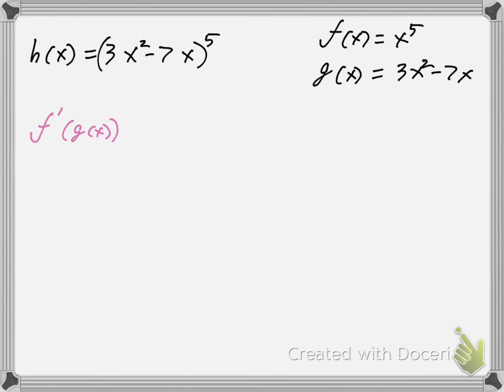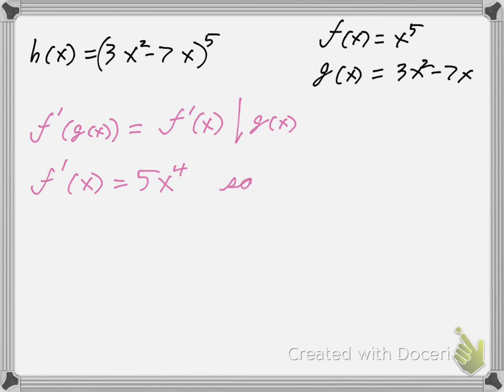One of the best ways to do that is to just take the derivative of f and then plug in g of x in place of x. The derivative of f evaluated at g of x. And the derivative of f is, of course, 5x to the fourth. That's the power rule we learned forever ago.